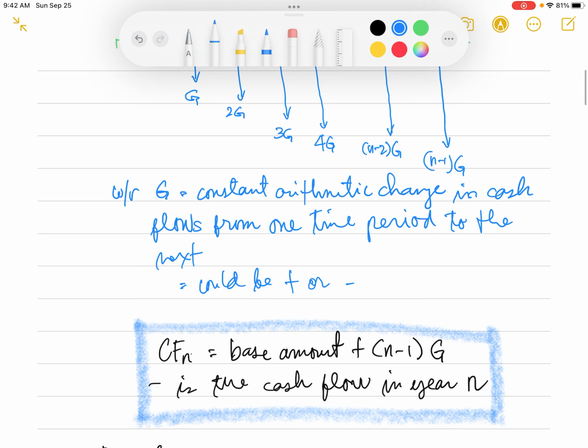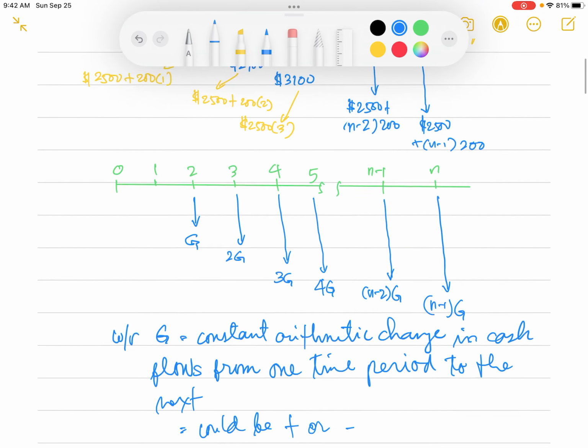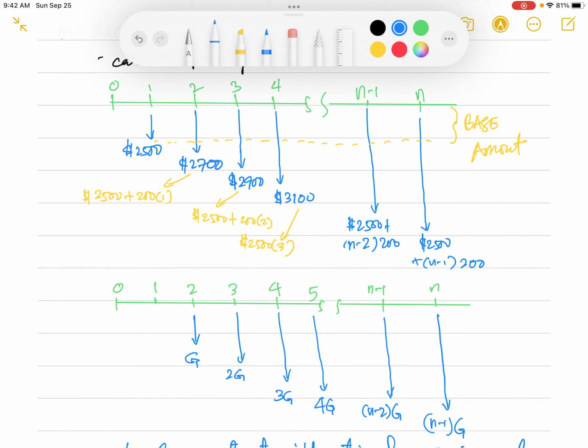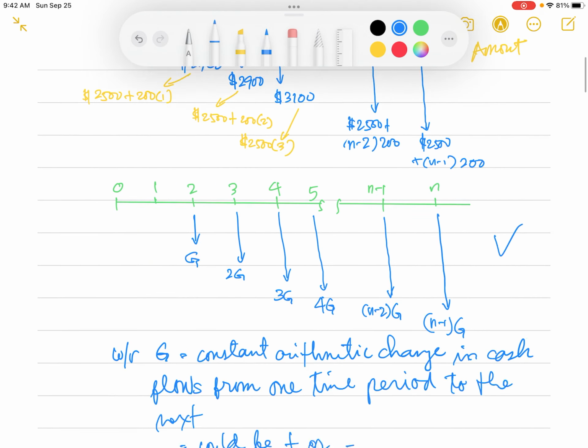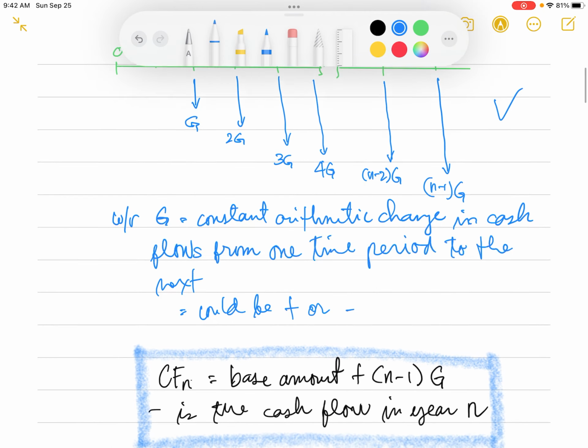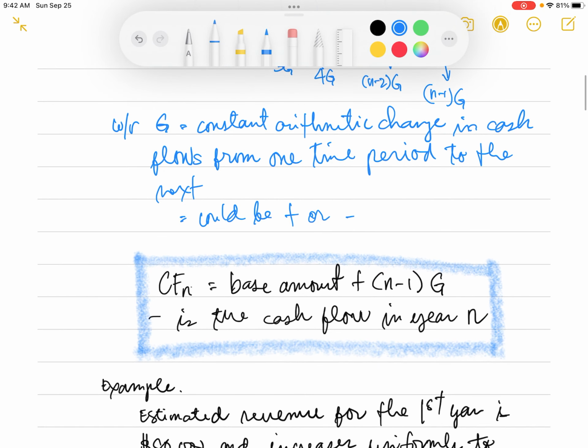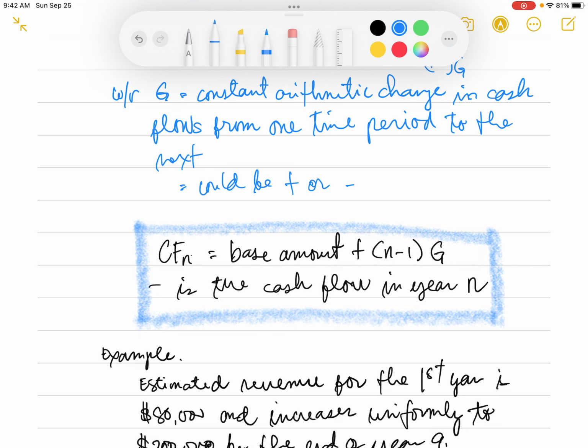Let's say the cash flow at n is equal to the base amount plus n minus 1 times G, as the cash flow for that year n. Basically, we bring back the base amount, and then we add this cash flow there, and you'll still end up with this cash flow formula, which is equal to the base amount plus n minus 1 times G.